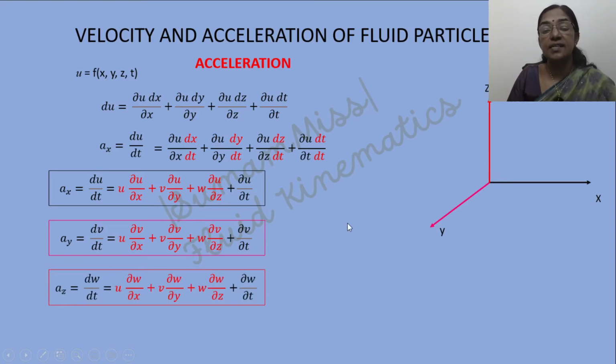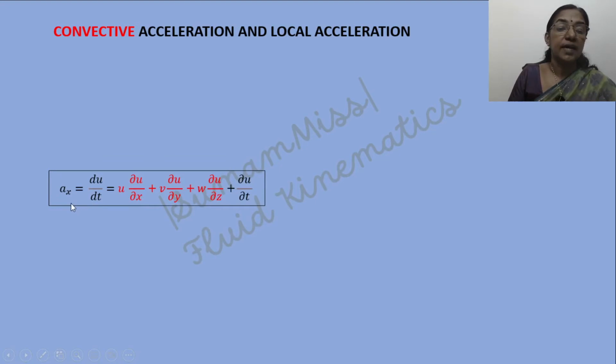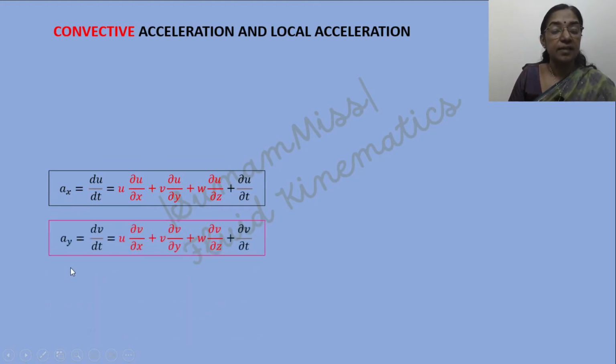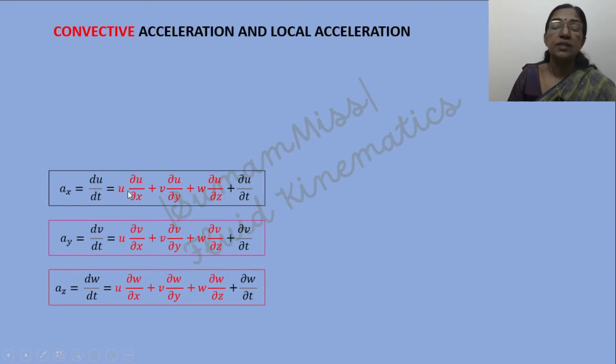The resultant acceleration can be written as root of ax square plus ay square plus az square. So the acceleration components in x, y and z direction include the change of velocity with respect to space and change of velocity with respect to time. So convective acceleration means the acceleration due to change of velocity with respect to space.